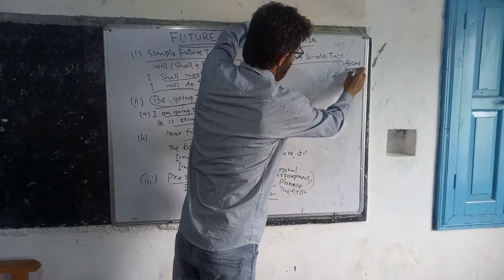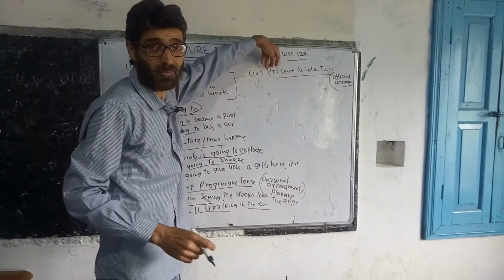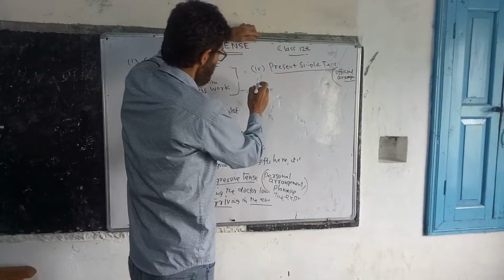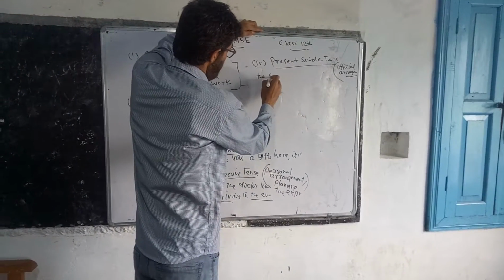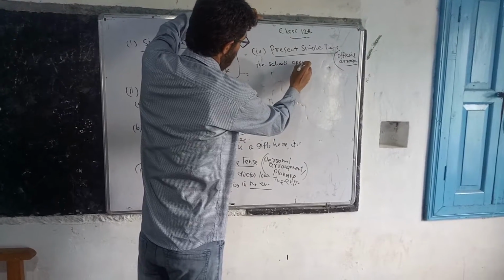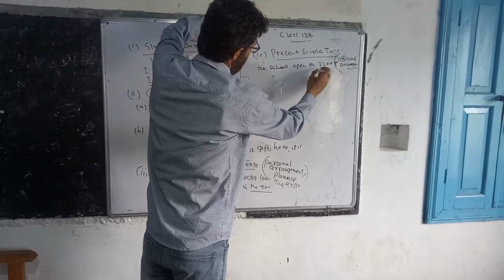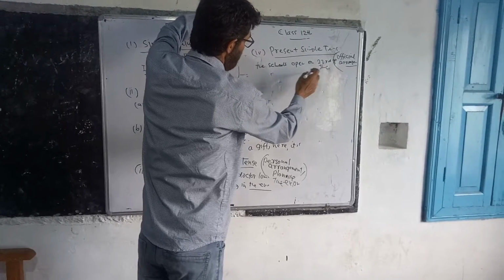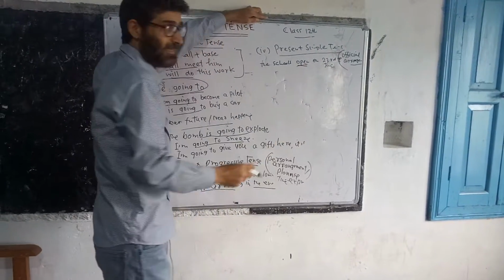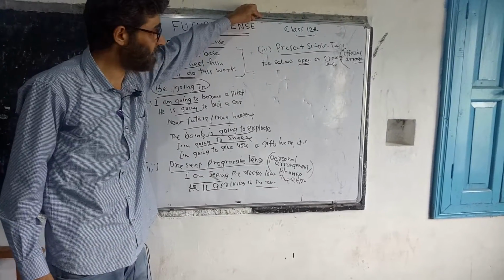We will find official arrangements in this case when we use present simple tense to express future. For example, the schools open on 23rd of June. We don't write that the schools will open, but the meaning is the same: the schools will open on 23rd of June.